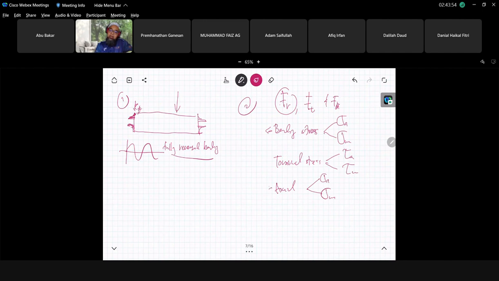This is bending. If we have more than one moment, moment 1 and moment 2, we have to combine them: moment total equal to the square root of M1 squared plus M2 squared.